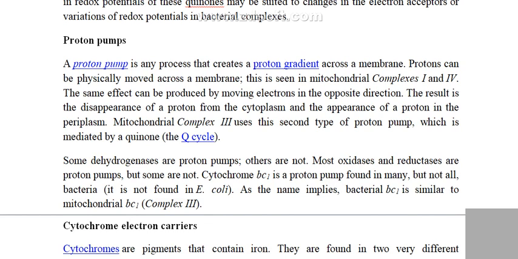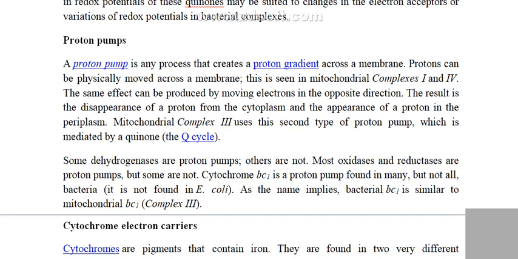When they transfer the electrons again, they come back to their normal position. During this, when they are in the charged condition, they pump the protons from inside the cytoplasm to the outside, and this creates a proton gradient across the membrane.